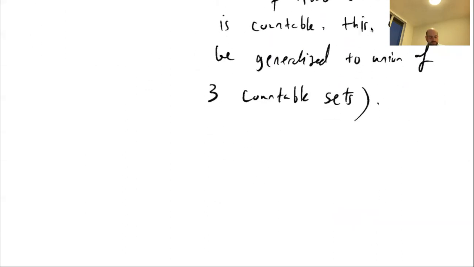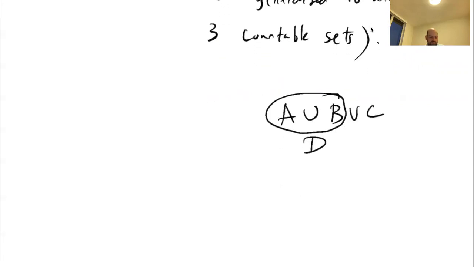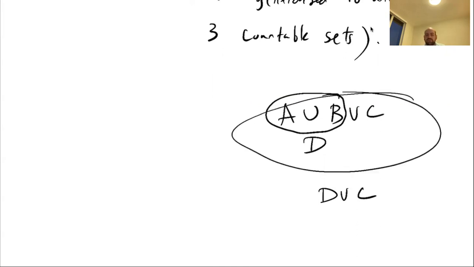How? Well, if you have 3 countable sets, let's say A union B union C, and you know that A, B, and C are countable. By property 4, we know that A union B is countable. You can call it D. And if D is countable, D union C will be countable, right? Therefore, this whole package will be countable as well.